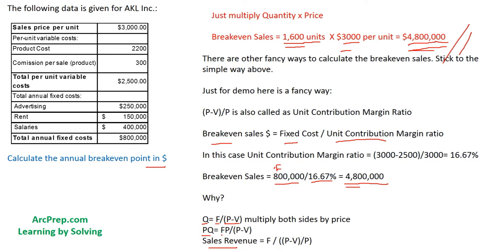Here is what I'm doing: fixed cost times price divided by price minus variable cost, or fixed cost divided by the contribution margin ratio. This is exactly the same as here. So that's why the sales revenue, 4.8 million, can also be calculated by just the fixed cost and the unit contribution margin ratio. In the next example, we are going to go over margin of safety for the same problem.